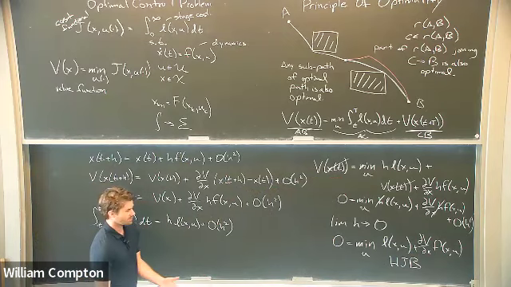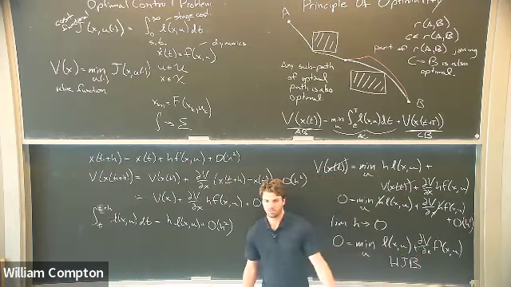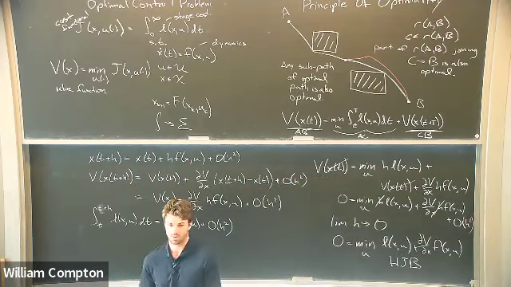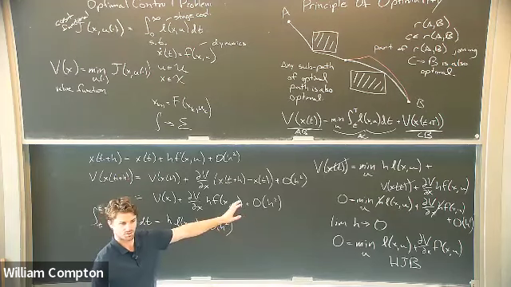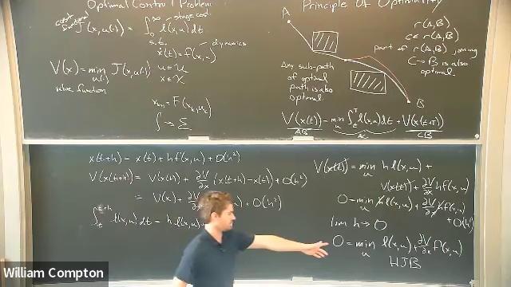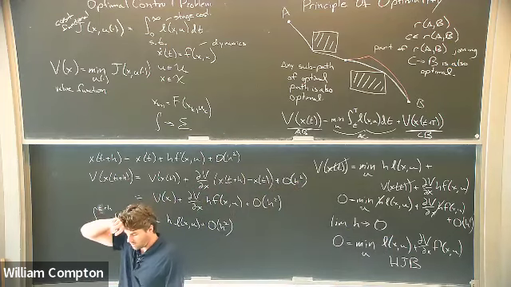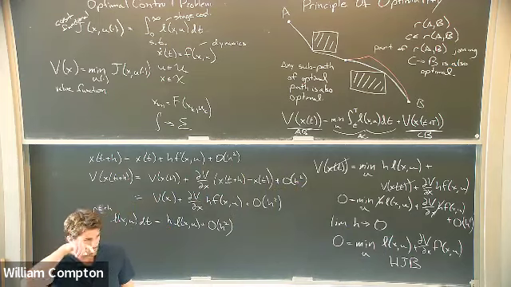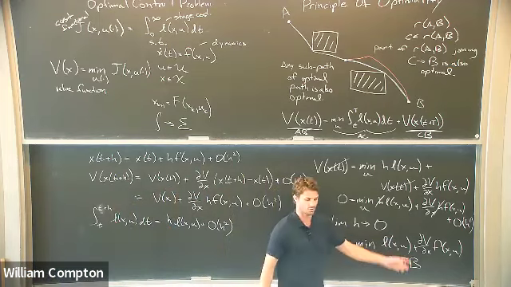And the downside of this is that not only is this function v hard to find, but it typically doesn't even exist in general, right? The caveat here was that v needed to be smooth or differentiable. There's a dv dx here. But when you write down optimal control problems that look like this, typically they lead to continuous but not differentiable functions v for the value function.